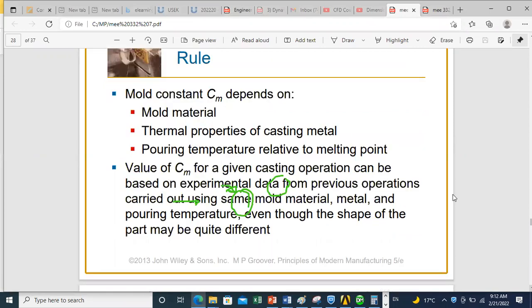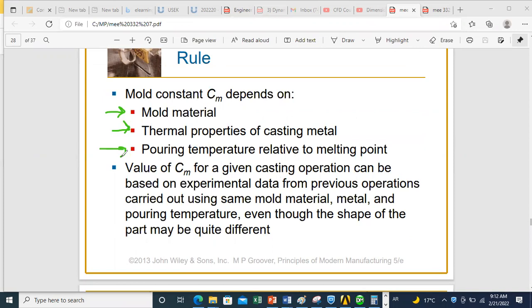So first, concerning CM, to have the same constant, we have the following conditions. You should have the same mold material, the same thermal properties of the casting metal, and the same pouring temperature relative to the melting point.